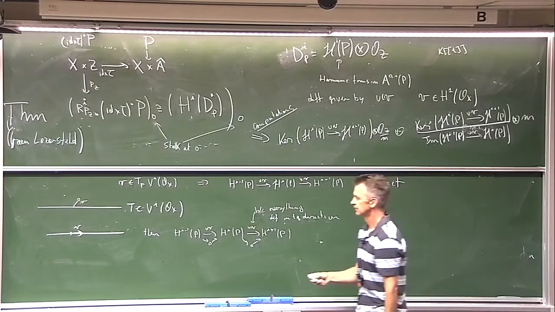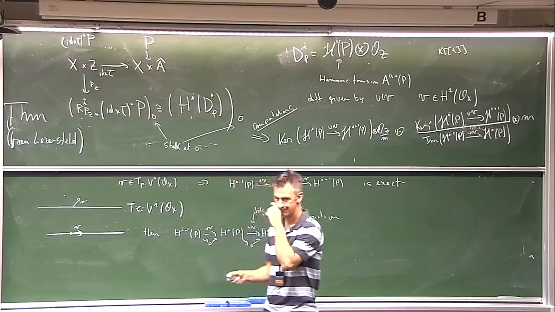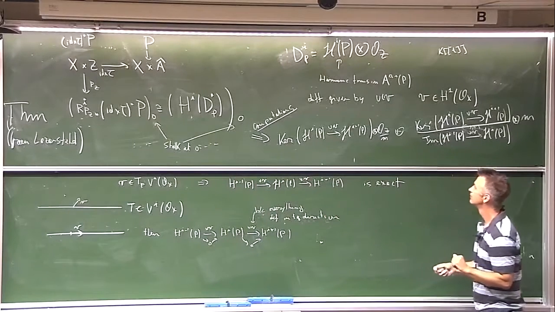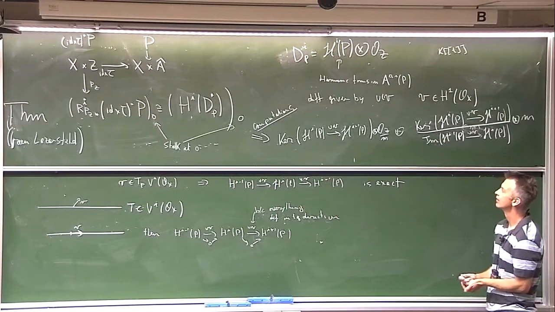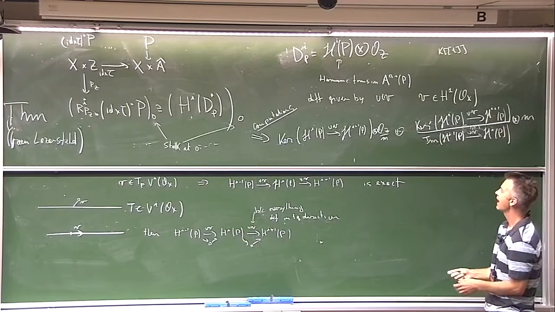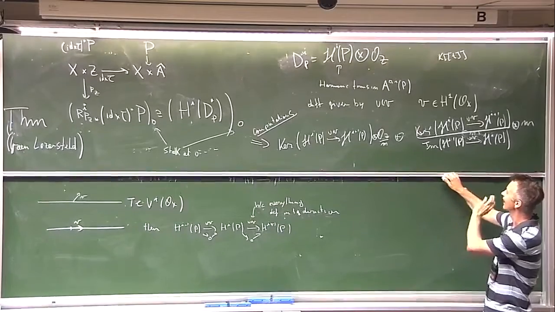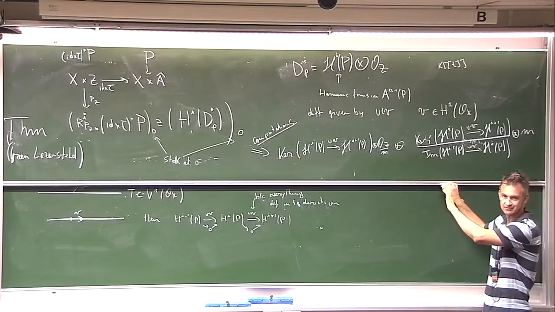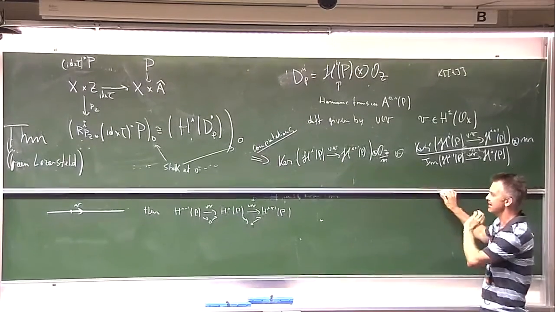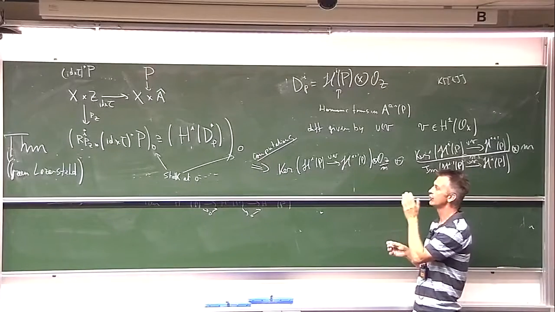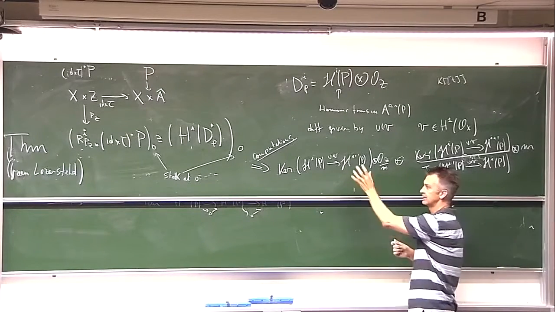So is that still a kernel that looks like a direct sum? So yeah, I'm not claiming that this is as O_Z algebras. No, what's the claim there? The claim is that if you quotient by t, this is what you get.